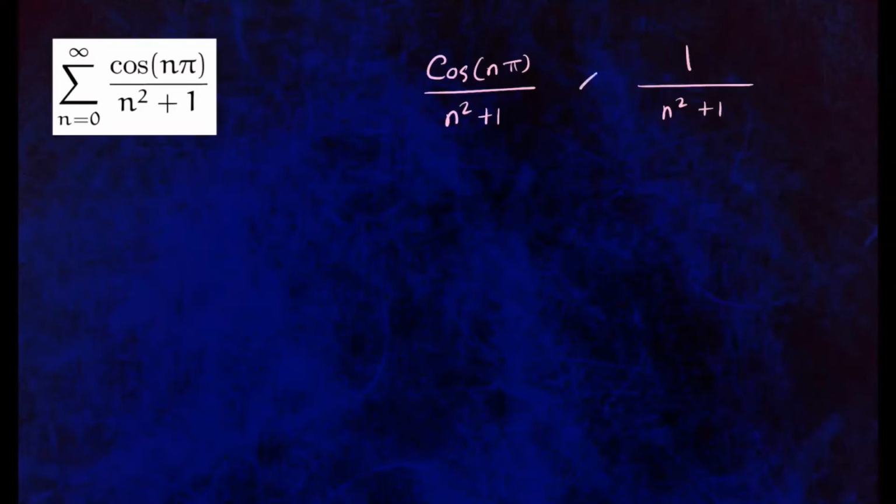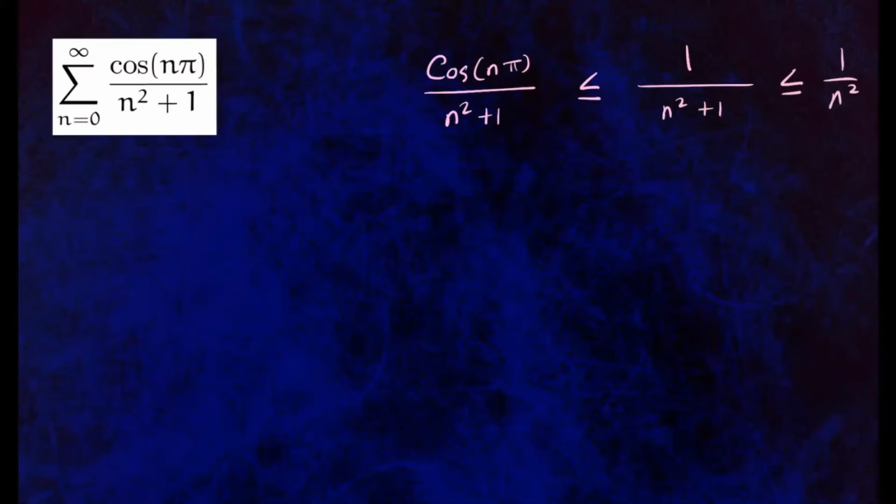So then this would be less than or equal to that, because you have cosine n pi on the left side. So now I know this is going to be less than or equal to 1 over n squared, because again, this will be a little bit less than 1 over n squared because of the plus 1. You're making the denominator larger.